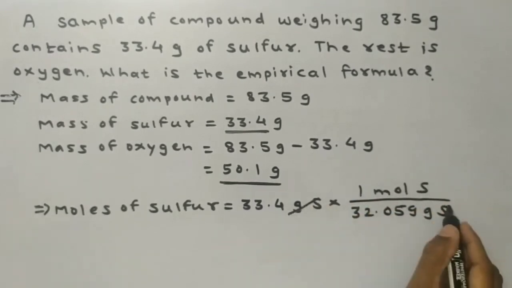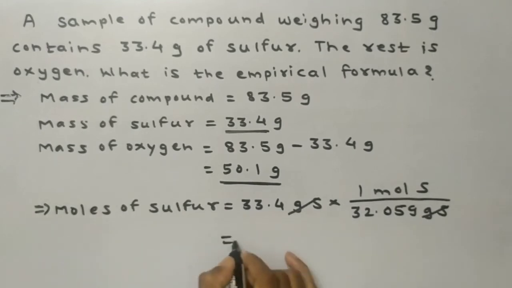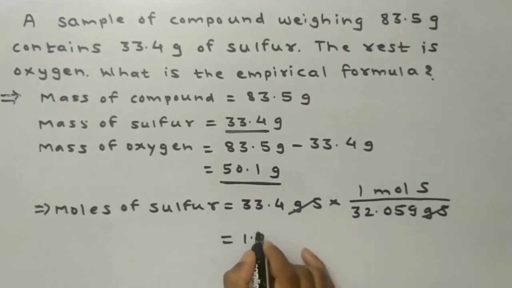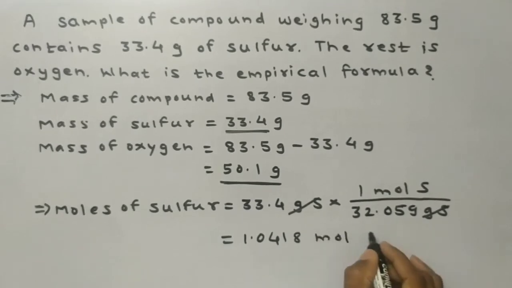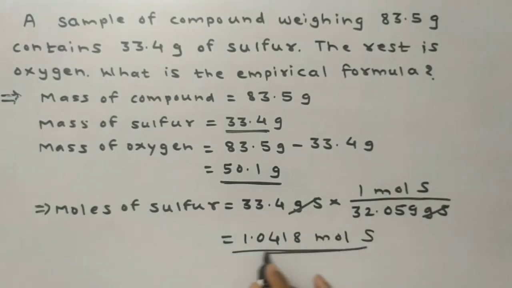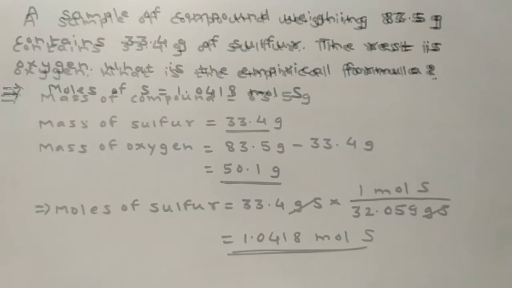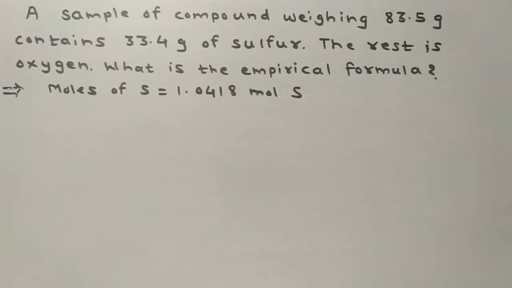So grams of sulfur will get cancelled and we'll get 1.0418 moles of sulfur. So this is the moles for sulfur.